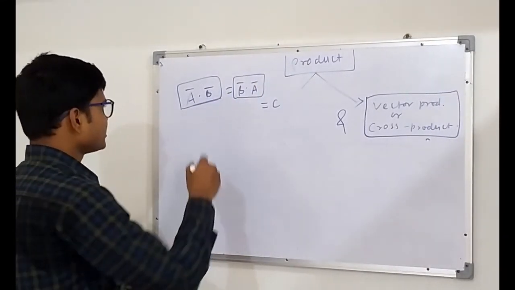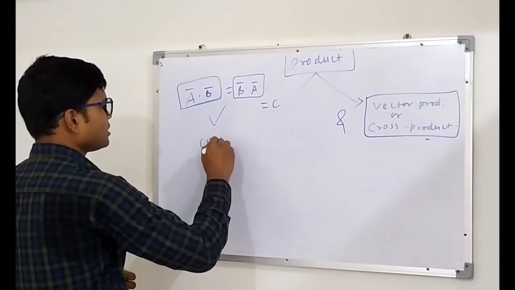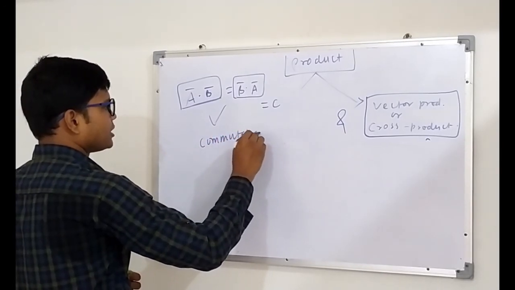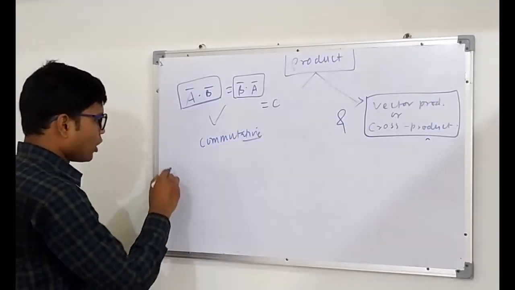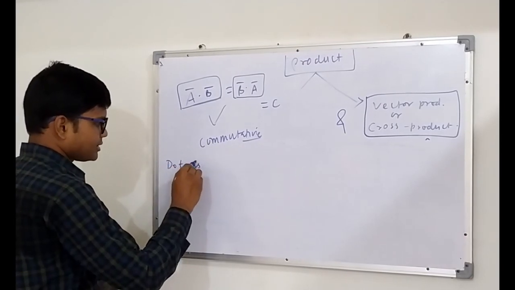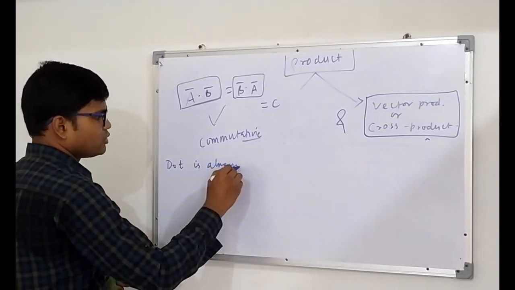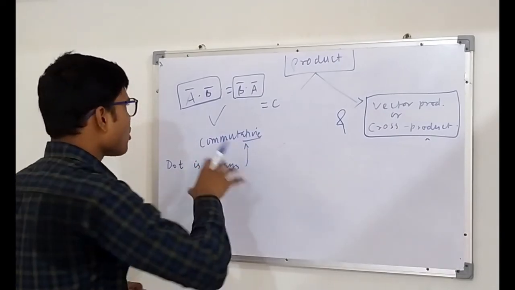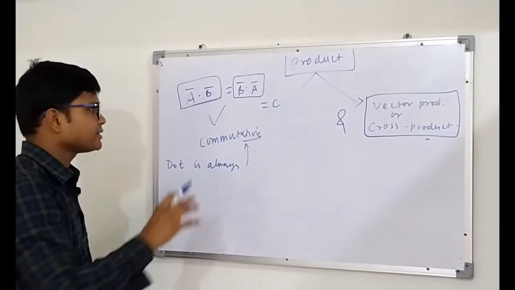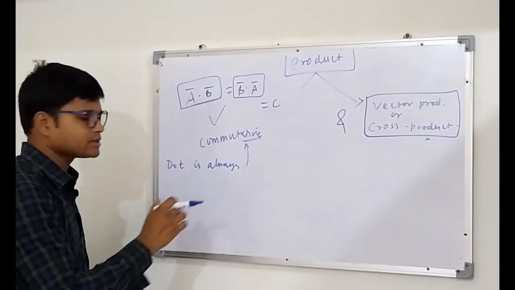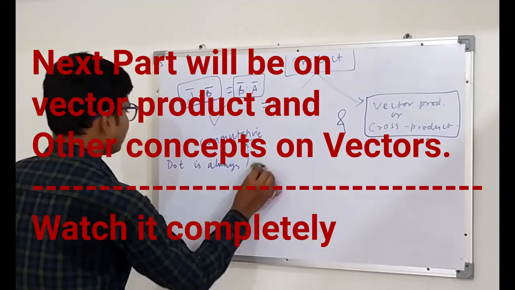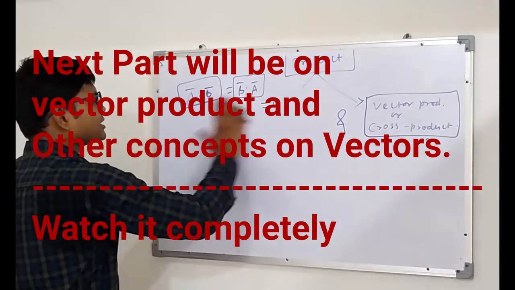The answer won't be affected. This is called the commutative law. So a dot product is always commutative in nature. You can change the order of two vectors and the resultant will remain the same. This is the very beautiful thing about the dot product, that it is commutative.